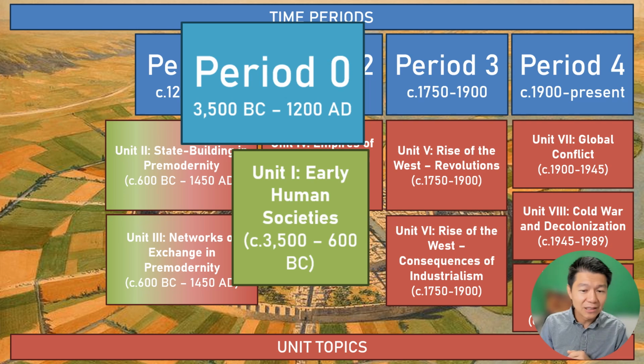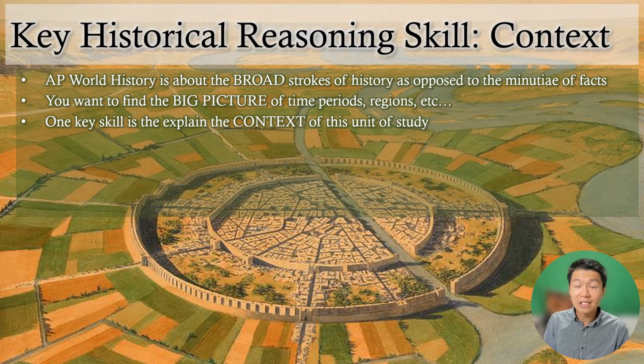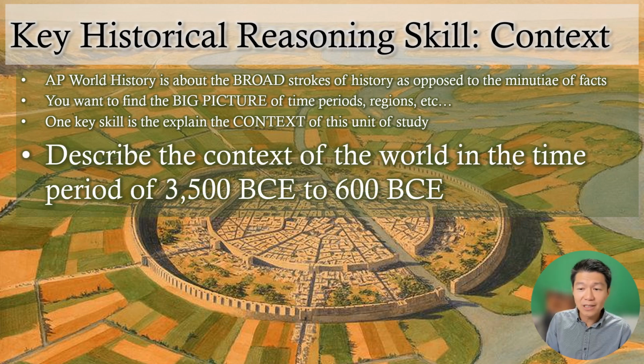Go ahead and take this time and answer that question using 2 or 3 sentences to describe what period zero, this time period, is all about. So take some time to address these questions and describe the context of the world in the time period 3000 BCE to 600 BCE. So go ahead and pause the video here and make this particular response.